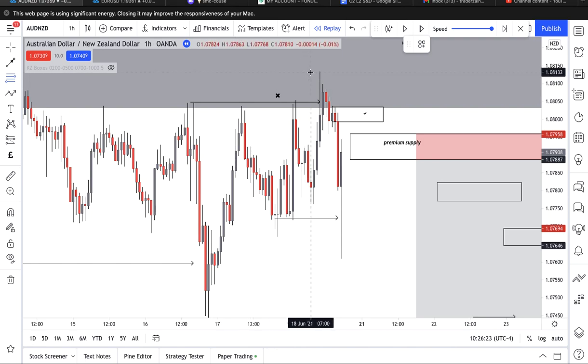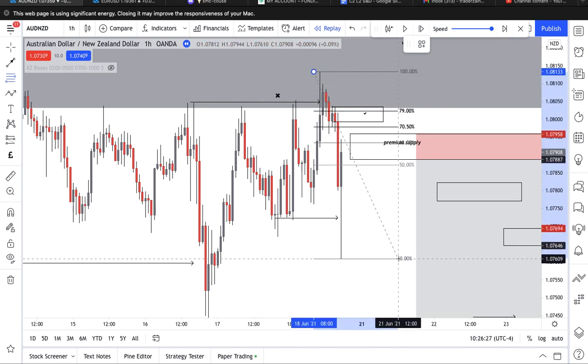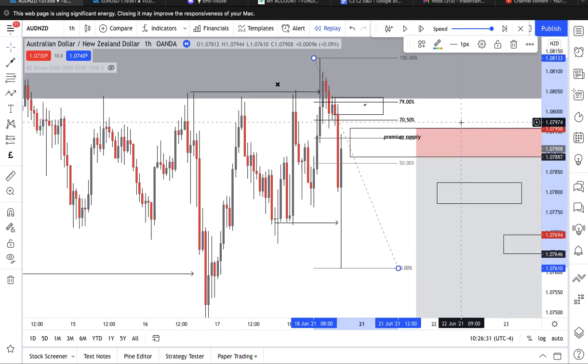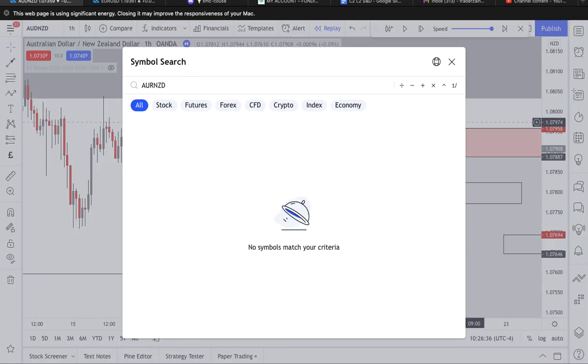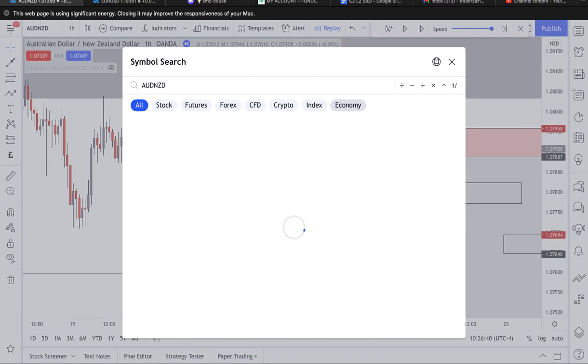Which zone do we take an entry of? This is our swing high. This is our swing low. So now let's find our discounted areas. Actually, let me go on a fresh chart to avoid any confusion.